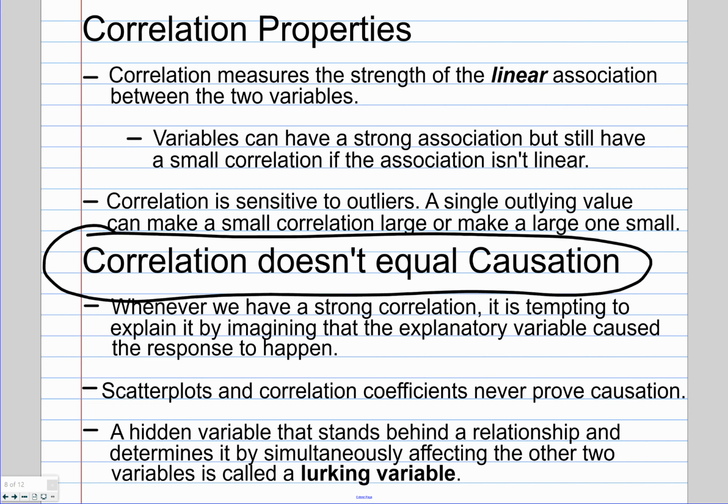If I looked at those, there would be a relationship between number of TVs per household and average life expectancy. And many of you are like, wait, what? That's true. If I looked at countries around the world, there would be a positive relationship between those two variables. Why the heck is that?